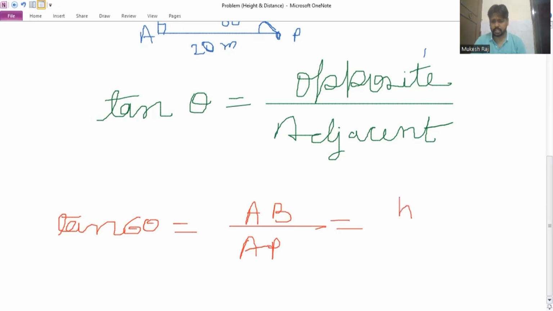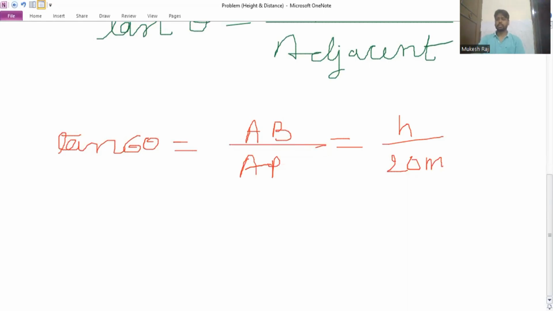AB is the height that we are looking for, and AP is 20 meters. From the trigonometric ratios table, we know that tan 60 is root 3. So we will put this value directly over here.